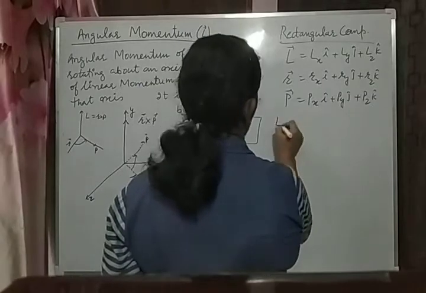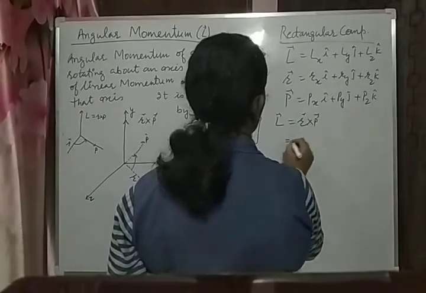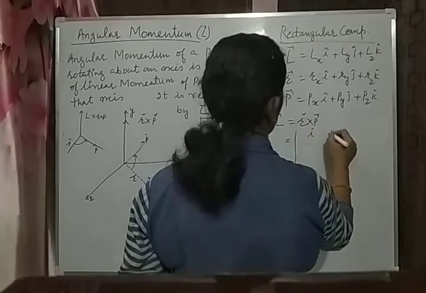Then write down L is equal to R cross P. Put the values of R and P.